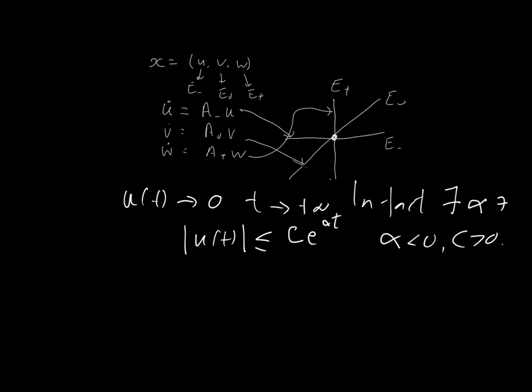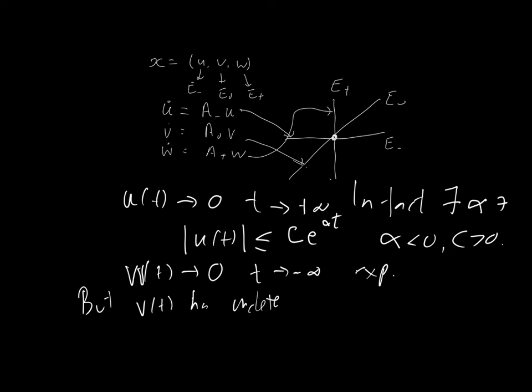Now by the same token, w of t is going to go to 0 as t goes to minus infinity, and will do so exponentially. But v of t may go to 0 or it may not. v of t has undetermined asymptotics, basically undetermined dynamics.